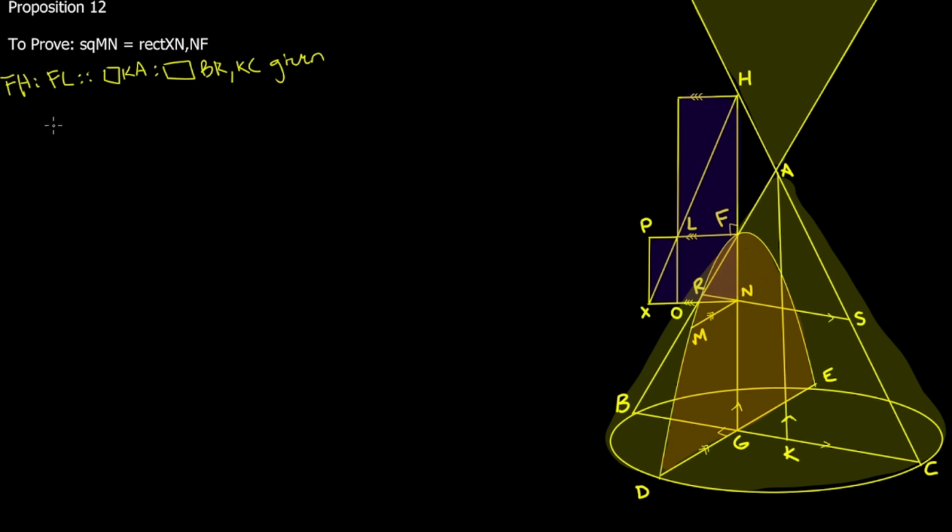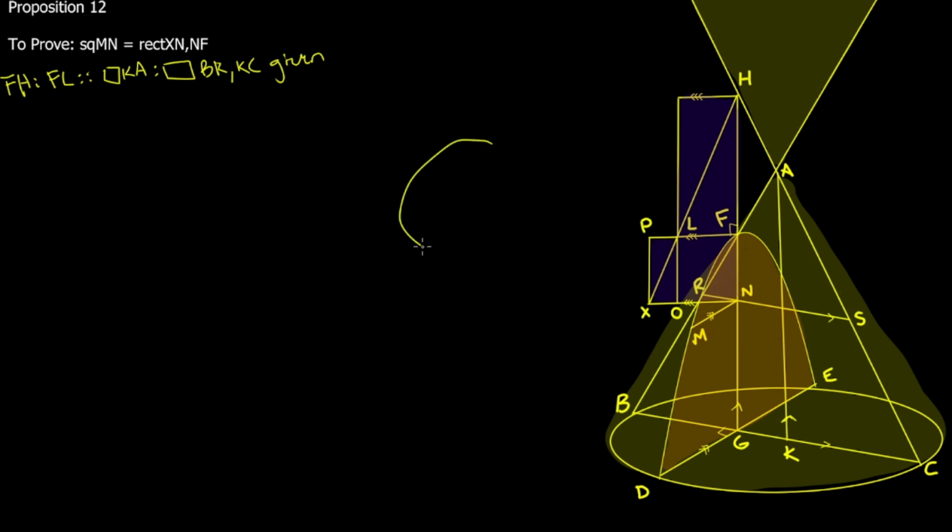So the thing we're going to start with first is R, M, and S. R and S, as I just said, was constructed parallel to BC, and MN was constructed parallel to DG. So that makes R, M, and S all in a plane that's parallel to the plane of the base, BDC. So if they're in a plane parallel to the base, that means that they would cut off a circle.